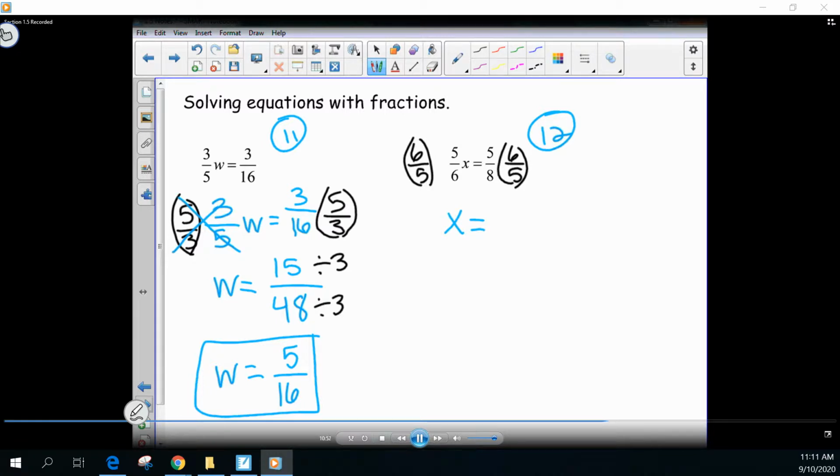And on the right-hand side, I have 5 times 6, which is 30, over 8 times 5, which is 40. And then I need to do some simplifying. So they both would have a 10 in common, so I need to divide the numerator and denominator by 10. And my answer would be x equals 3/4.